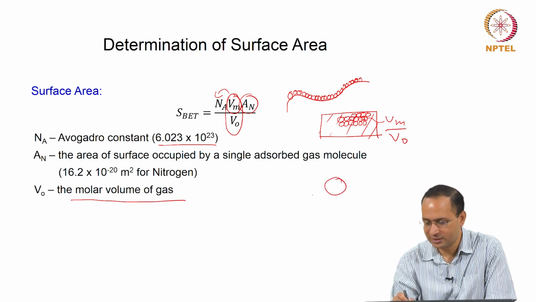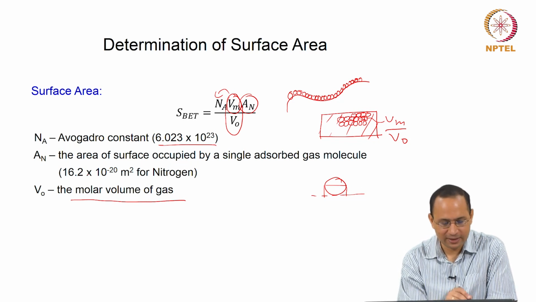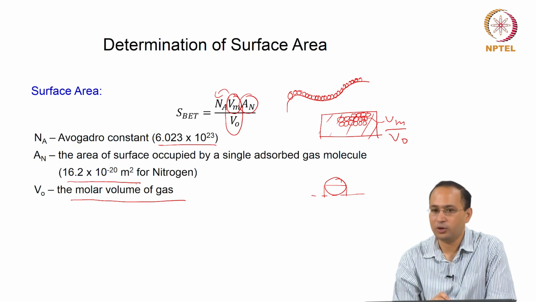For example, this is a molecule sitting on a surface, and the projected area on that surface gives you this value An. For nitrogen, this comes to around 16.2 times 10 to the power minus 20 square meter. That will change if you change the gas.